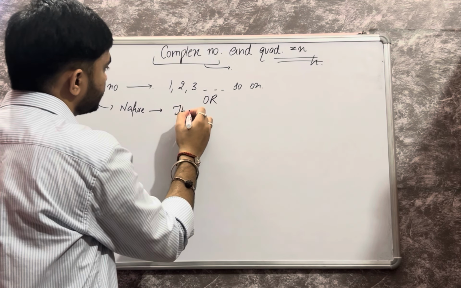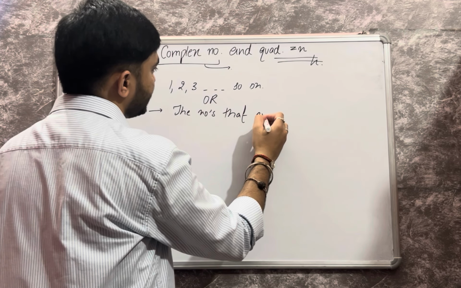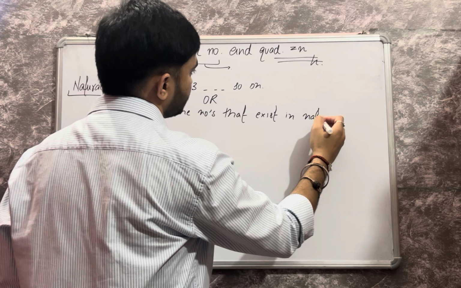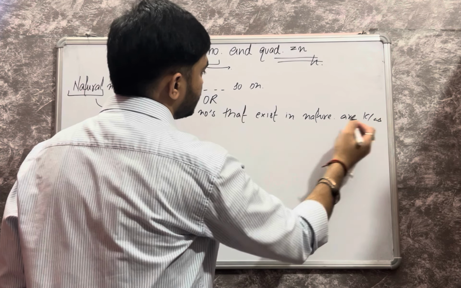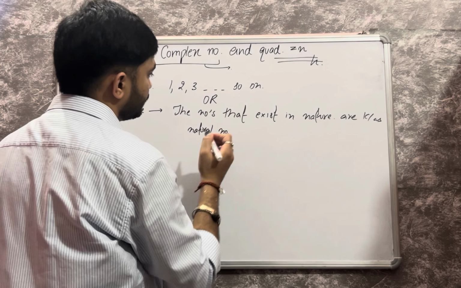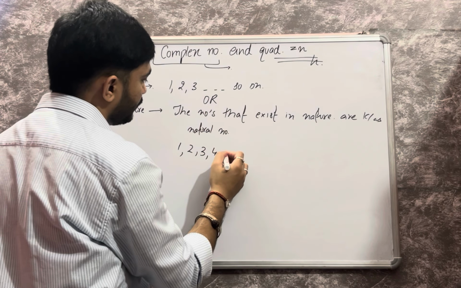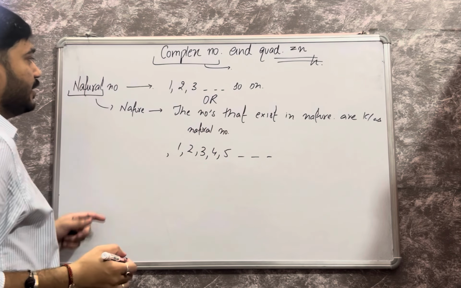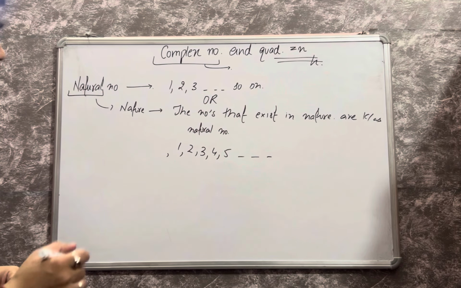The numbers that exist in nature are known as natural number. That is 1, 2, 3, 4, 5, and so on. Since we don't see 0 in our nature, so 0 is not included in natural number.